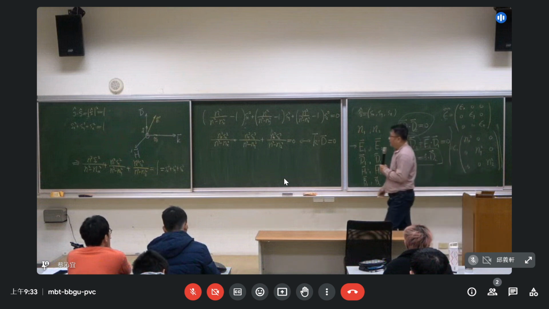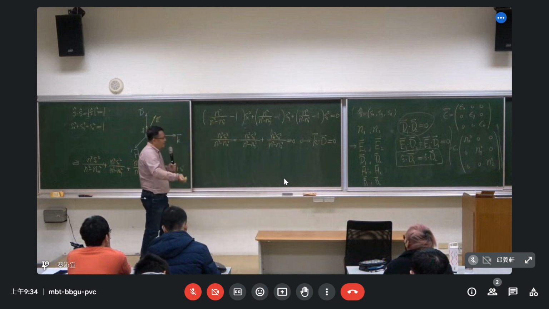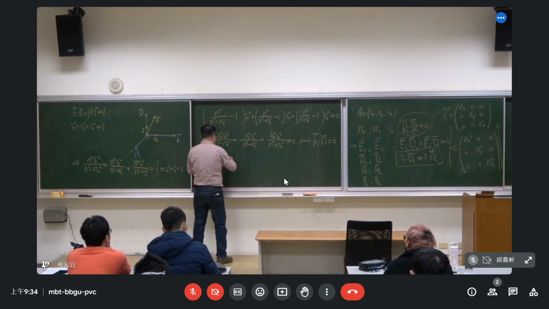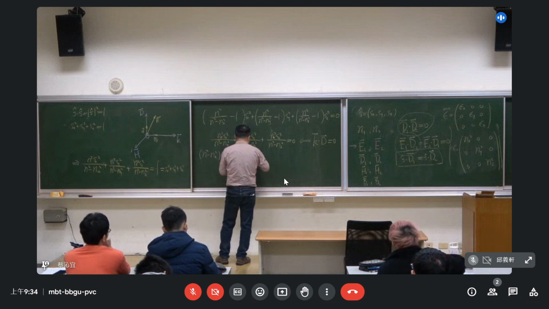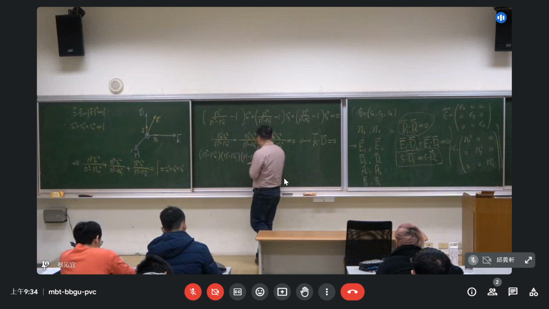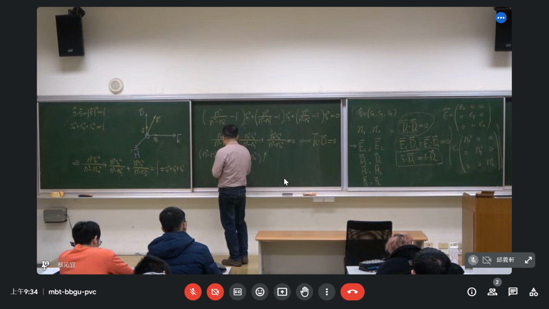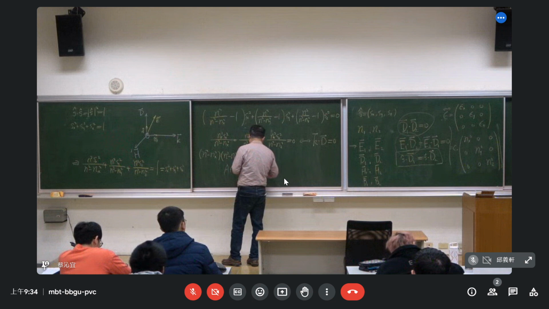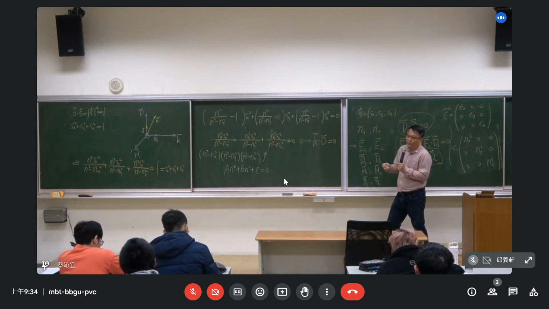In fact, if I multiply this equation with n squared minus nx squared, n squared minus ny squared, n squared minus nz squared, I get an equation of this form, which is a quartic equation, a fourth power equation.